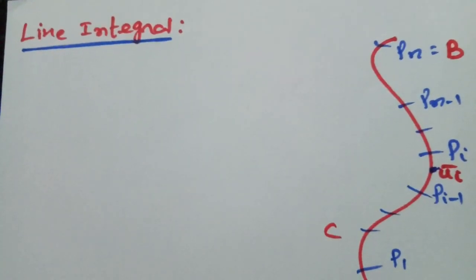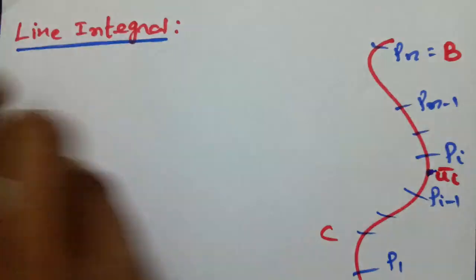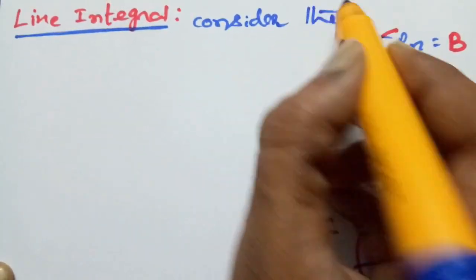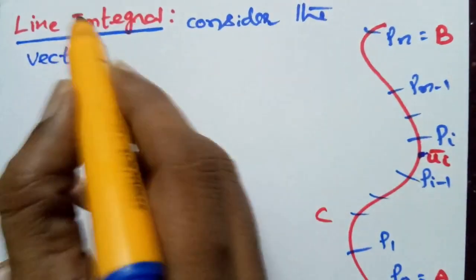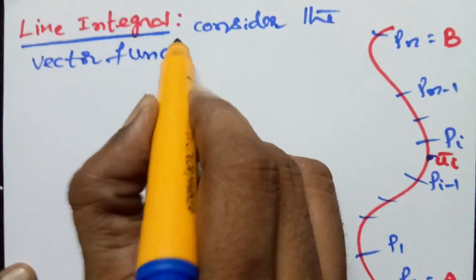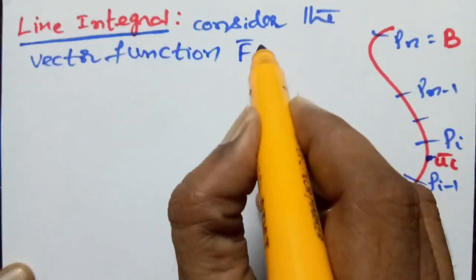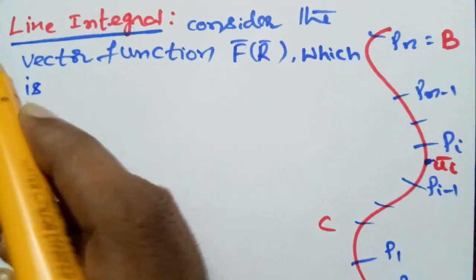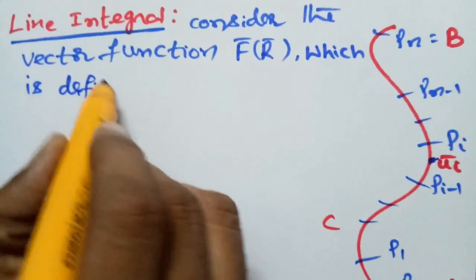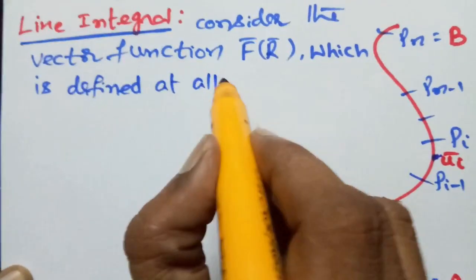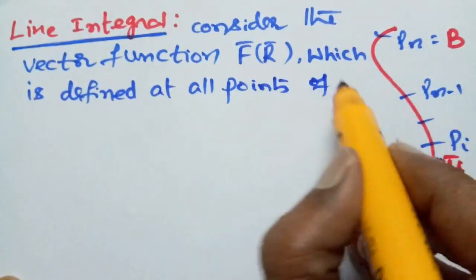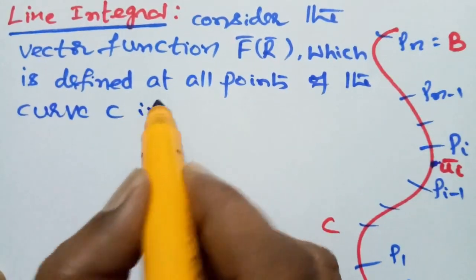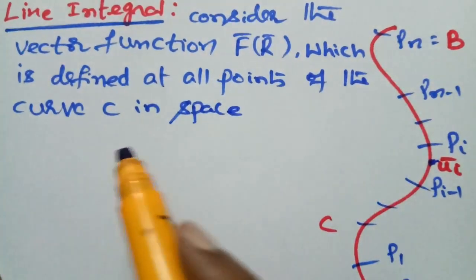Now consider the vector function f bar of r bar which is defined at all points of the curve C in space.